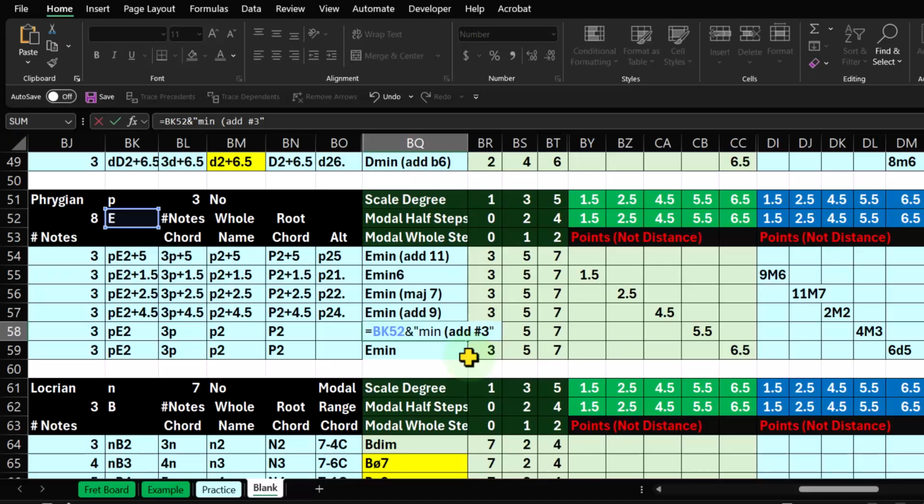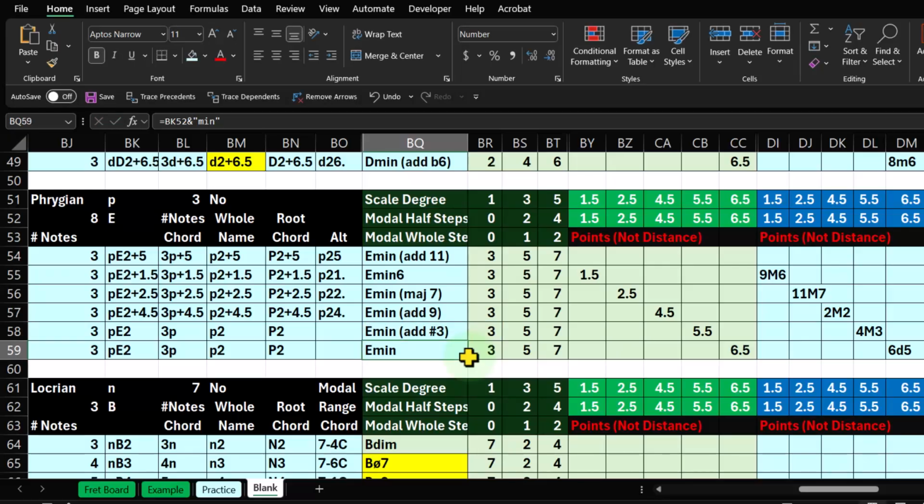Now that's really strange, because normally we default to the major, which would be a major third, but because I named it a minor, if I'm adding another third to it, which is a major third, so now I have a minor third and a major third in the chord, I could call it E minor and then add the major third.